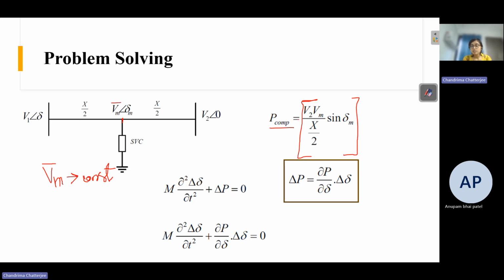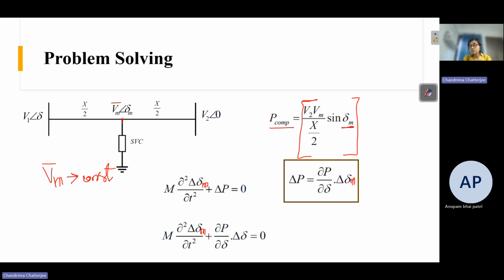Now, if V is already constant and Vm is also constant, you see again the power is only a function of delta m. So the swing equation will remain the same, except that delta is changed to delta m. Otherwise, everything is the same.